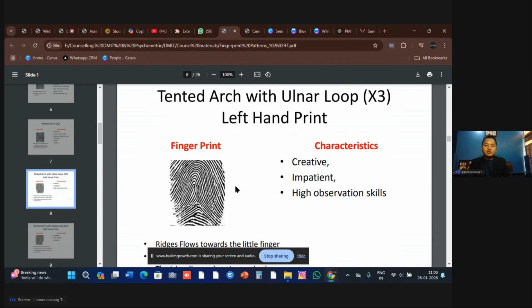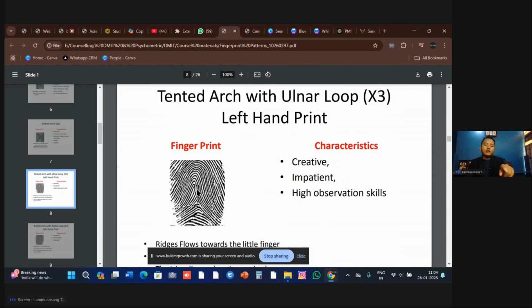You got what I mean? When you take your client's fingerprint and you see exactly this shape, the tri-radius is on the right side, not the left side. If the tri-radius is on the right side and your client's fingerprint is from the left hand, that means this is x3.